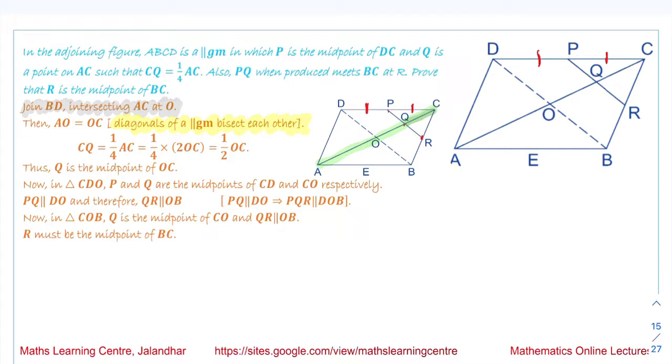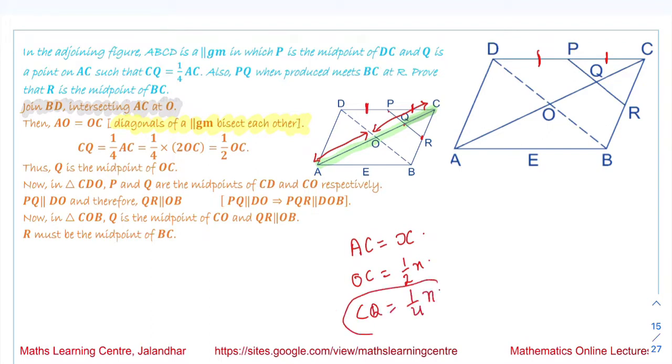So this length AO and this length OC are equal. Now suppose this whole length AC is equal to X. Then this OC length is equal to 1/2 X and this CQ length is equal to 1/4 X. This is given in the problem.